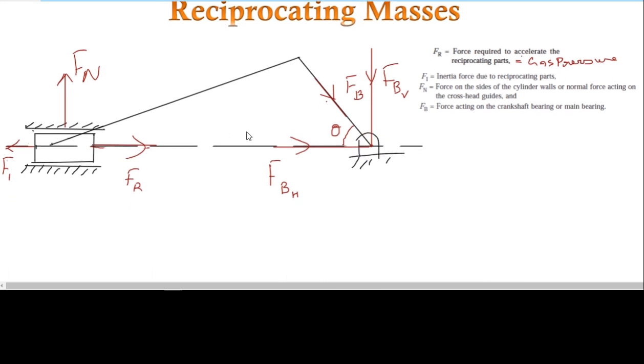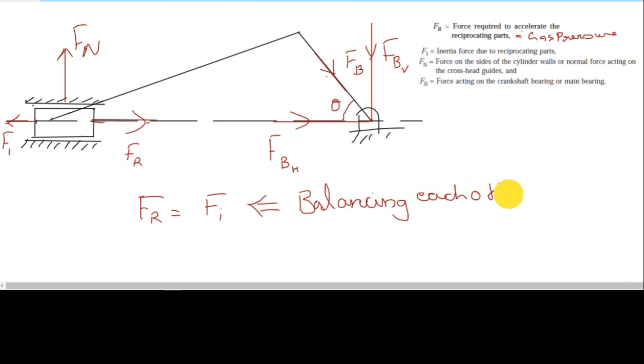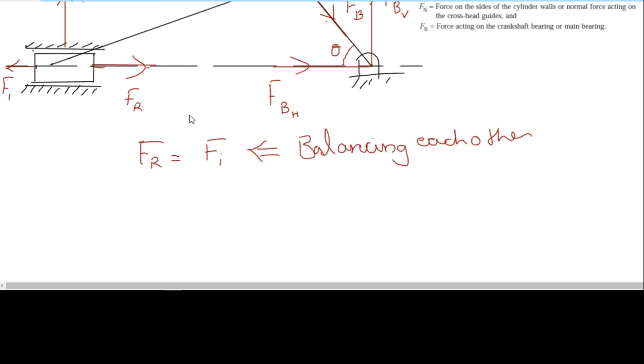So these are the forces acting, and we can see that Fr will always be equal to Fi. So these forces are balancing each other, and there will be no unbalanced force created by this one.